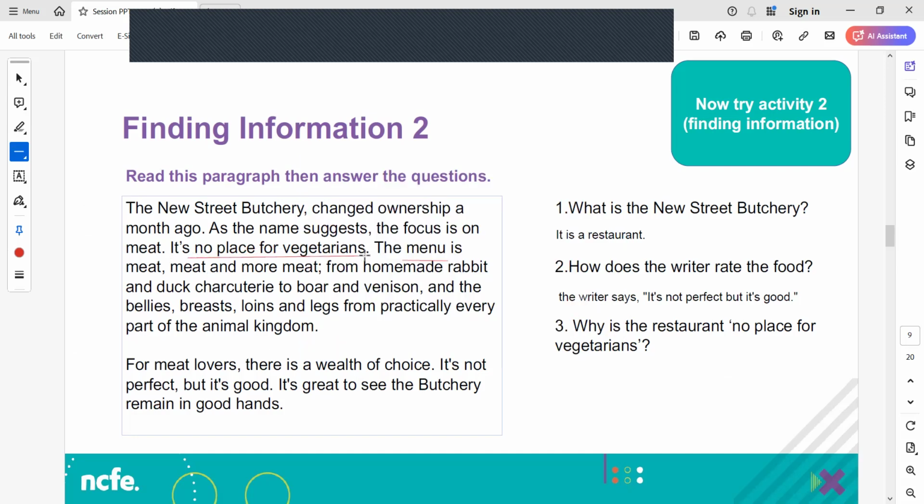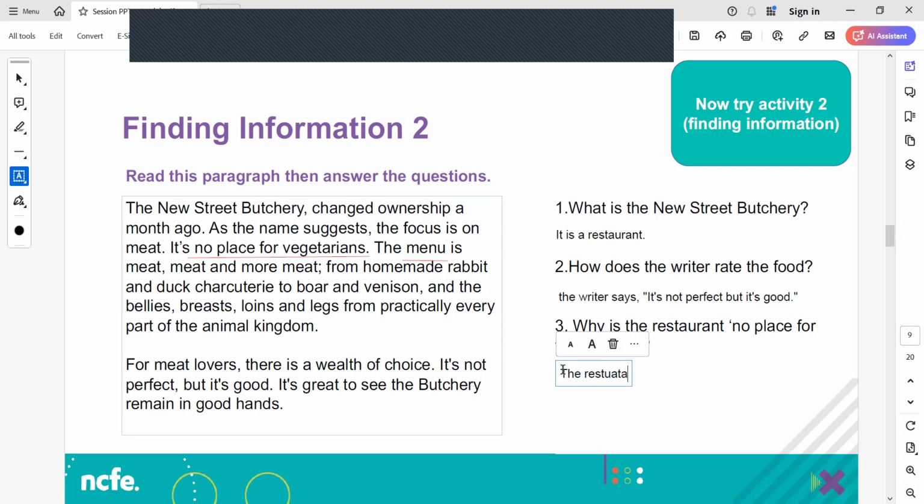So let's look at what comes before that. As the name suggests, the focus is on meat. So what would your answer be? Why is it no place for vegetarians?